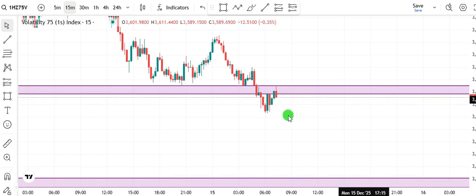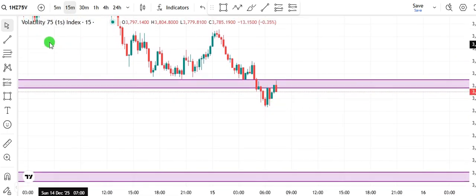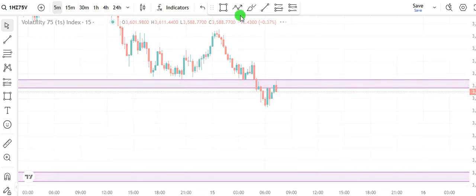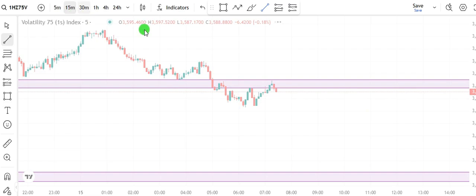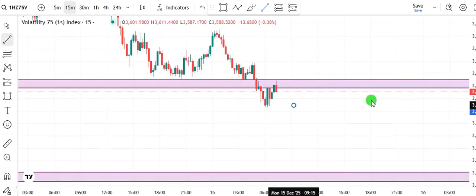Okay, I think 15 minutes is actually validating what you said. So let's go to 5 minutes to see if we can get our trend line drawn for it to break our trend line. I think there's no rejection for us to validate this. Okay, let's go back to our 15 minutes. That is going to be our entry time frame.